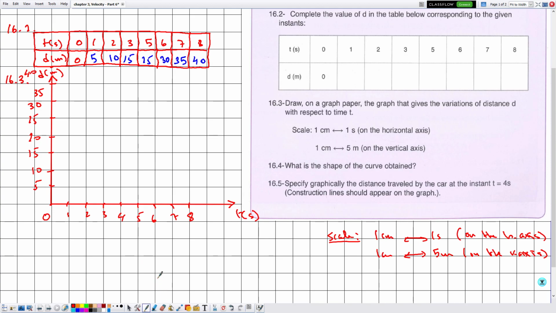Let me extend the y-axis a little bit. So this is d in meters.